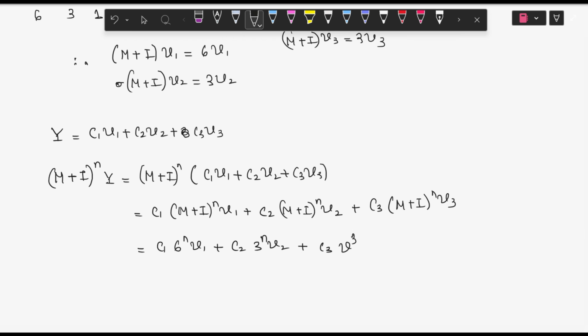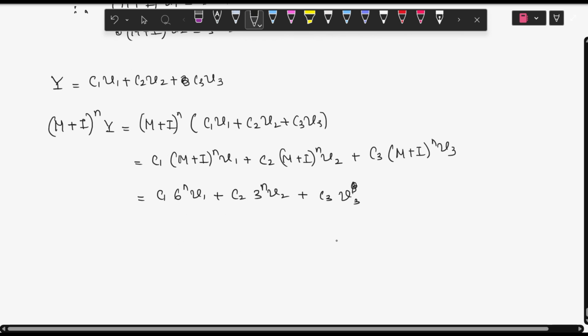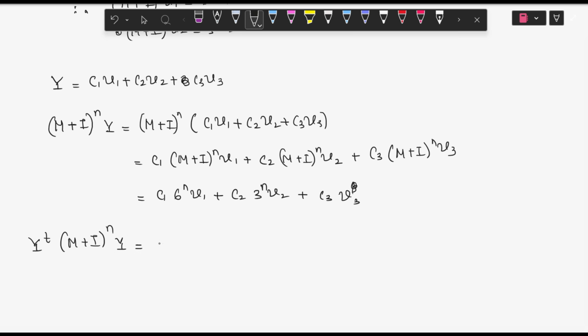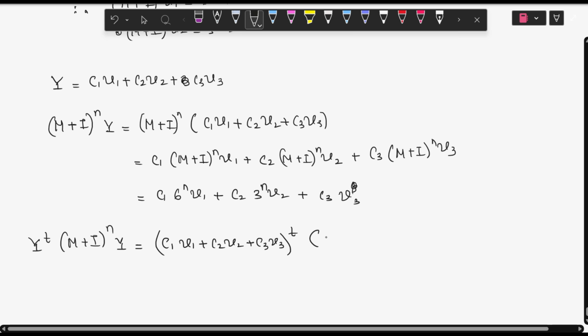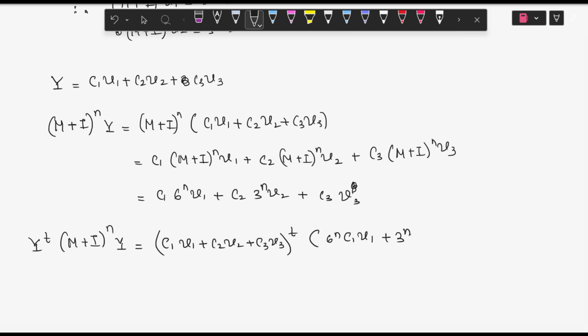So now if we calculate y transpose (M plus I)^n of y, so वो क्या आएगा, (c1v1 plus c2v2 plus c3v3) whole transpose of (6^n c1v1 plus 3^n c2v2 plus c3v3).